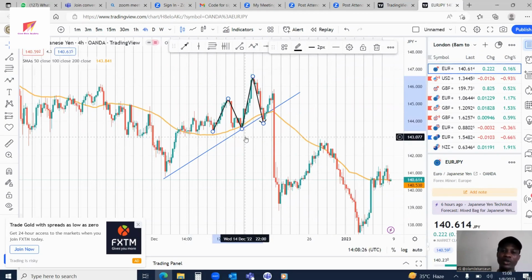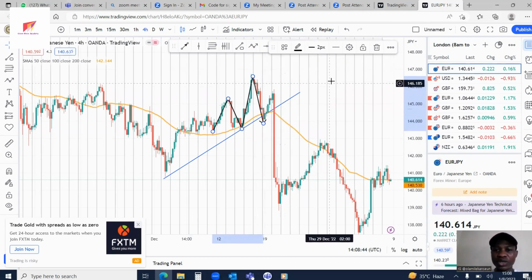And you know that head and shoulder pattern is actually created in an uptrend, in a bullish direction, right? So when the market got here, I was expecting the market to give me that head and shoulder pattern before reversing back to the bearish move.